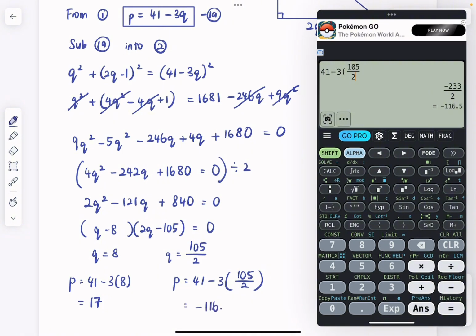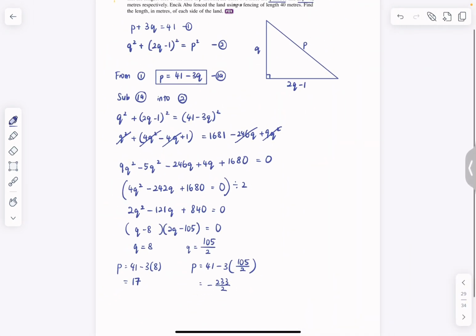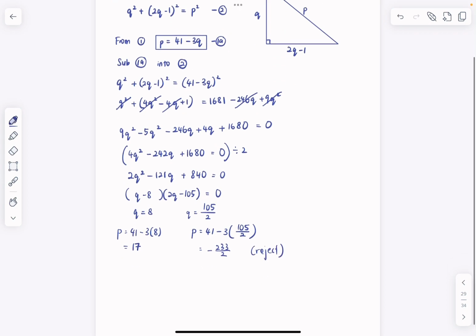Negative 116.5. Or I write it in fraction, negative 233/2. Okay, I think we have to reject this. So this is p, and a length cannot be negative. So unfortunately, we have to reject this pair of answers. So the only possibility here is p equals 17 and q equals 8.